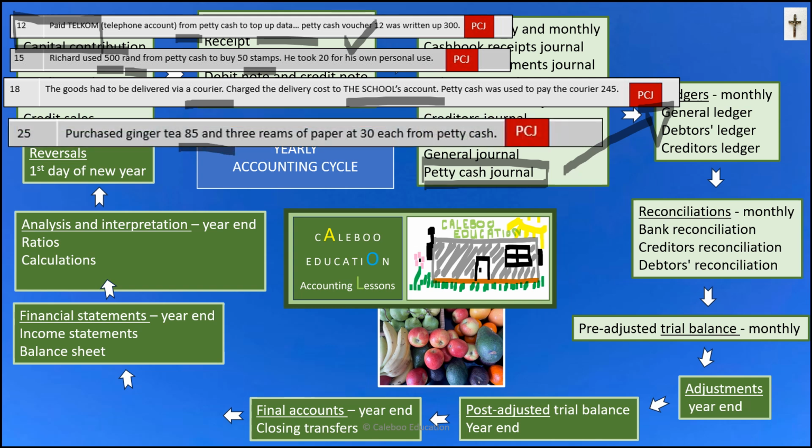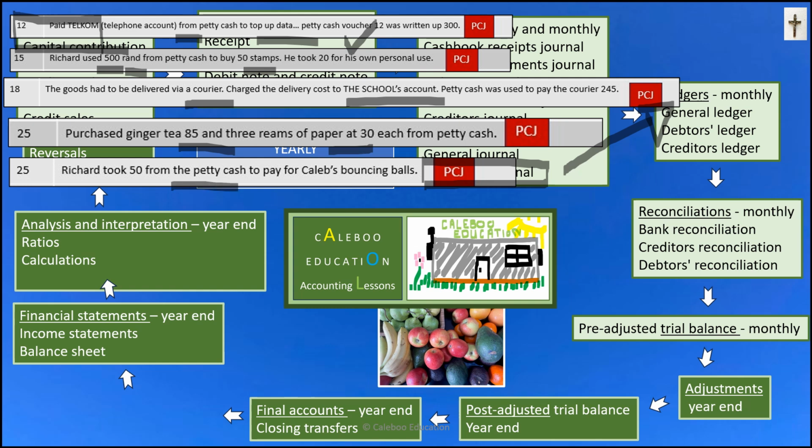There's another little purchase: some tea from the petty cash and some paper, and I took 50 Rand to pay for Caleb's bouncing balls. Remember, the owner's transactions are recorded separately from the business transactions, but in this case I took cash from the petty cash, and it will be called drawings, what the owner takes out of the business.